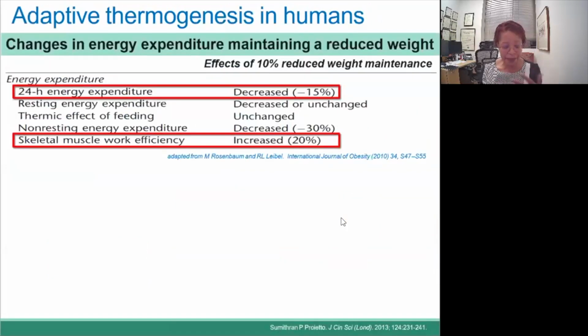If you lose 10% of your body weight, what we know is the amount of calories you burn every day decreases by 15 to 20%. So you're burning that much less calories. So obviously, even if you continued at that same calorie intake, but you're burning less calories now, your weight is going to creep back up.